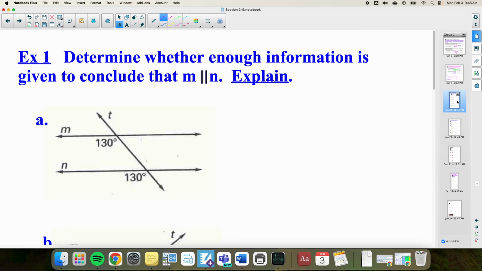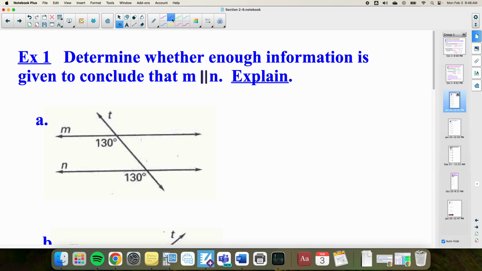So this is what the first part of your assignment will look like today. They will give us two angles, and we have to decide, is that enough for us to say that the two lines are parallel? Okay? So, this angle and this angle are what kind?